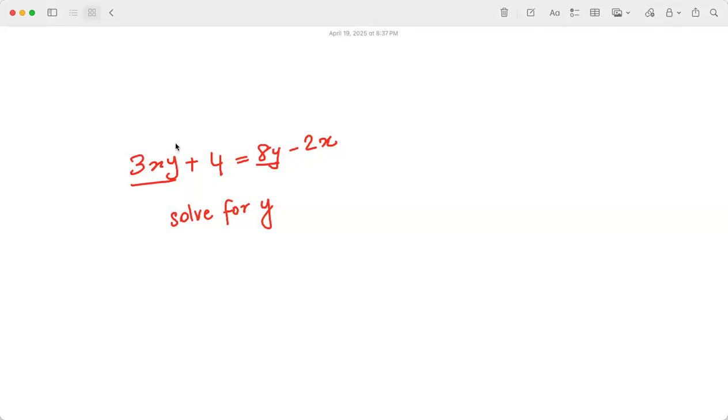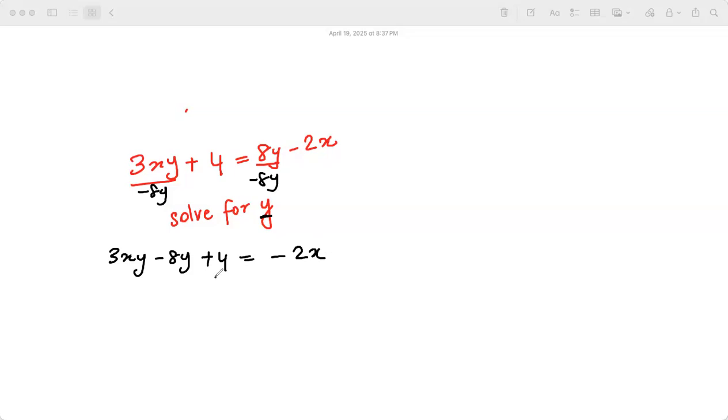There's a point where you both have not understood, so let me try. If you solve for y, I want all the y's to come to one side. So minus 8y on both sides: 3xy minus 8y plus 4 equals minus 2x.